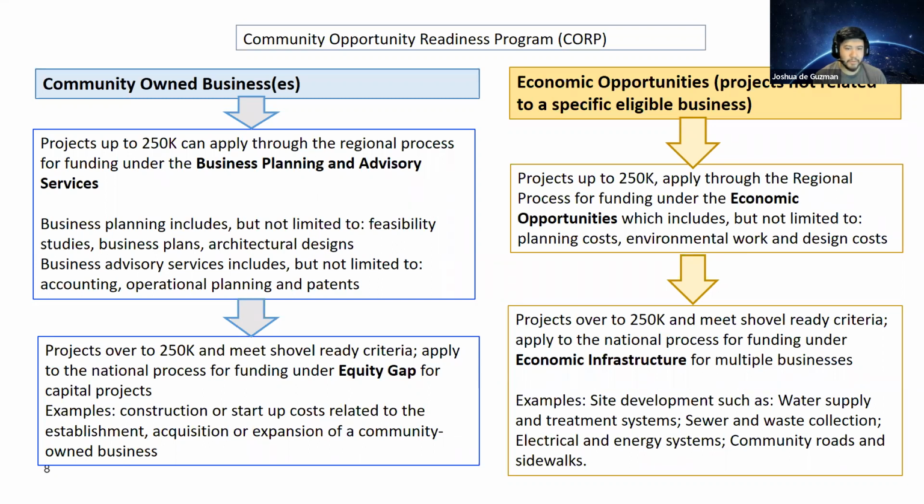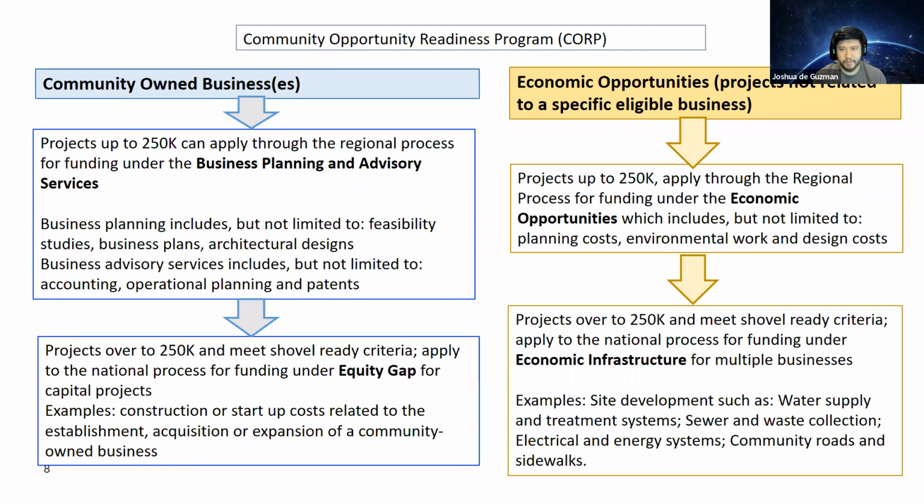So that would be soft costs or the feasibility, business plans, things like that. So that would sort of be the process for community-owned businesses, like single businesses, let's say a gas bar, or you want to acquire some business that's already established.